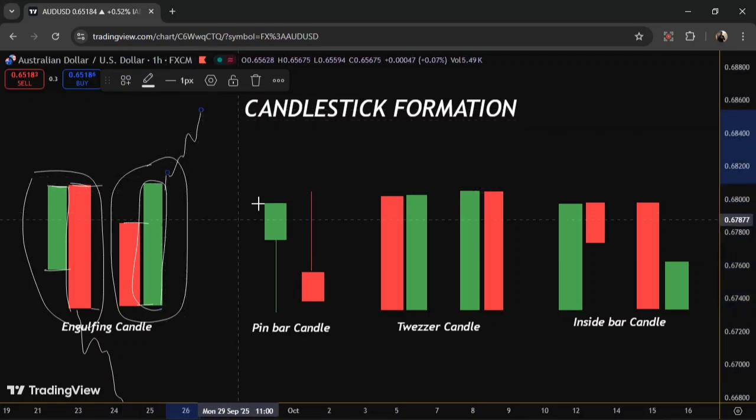Now we also have the pin bar candles. We have the bullish pin bar candle, which is this, and we have the bearish pin bar candle.